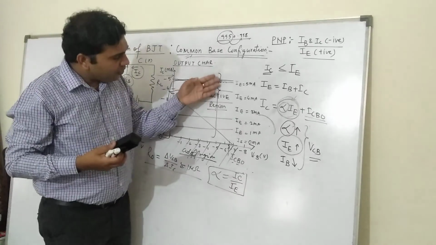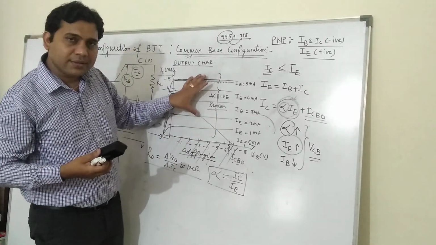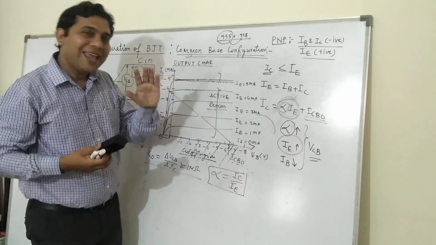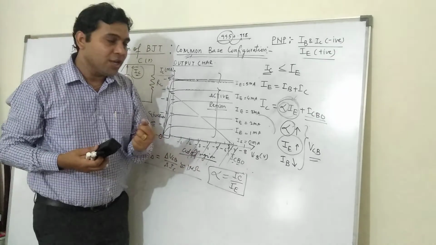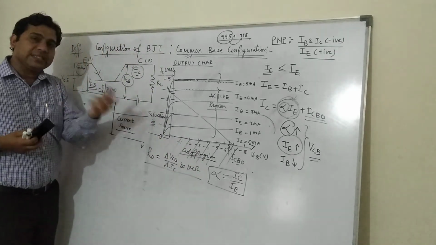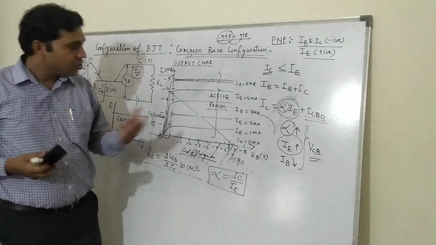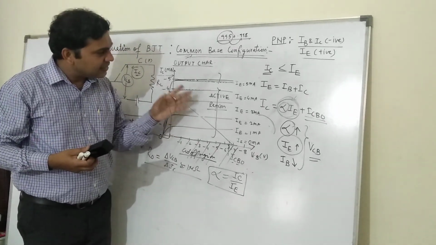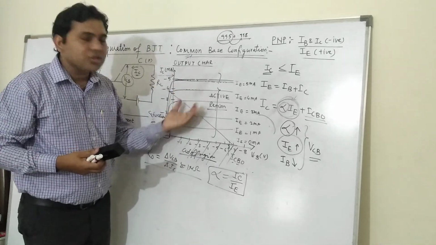That's why I wanted to give you a clue that the common base transistor can be replaced with a current source. Whenever we design equivalent circuits later, we can replace this transistor with a current source. These characteristics are very similar to those of a current source.